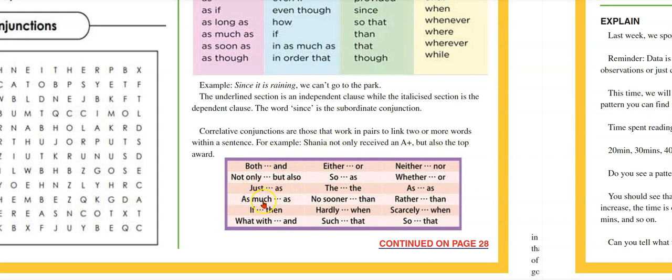Just as, as much as, if then, what with and, either or, so as, no sooner than, hardly when, such that, neither nor, whether or, rather than, scarcely when, so that.